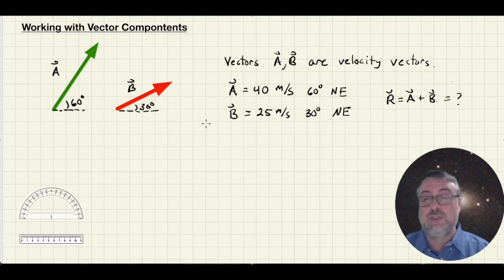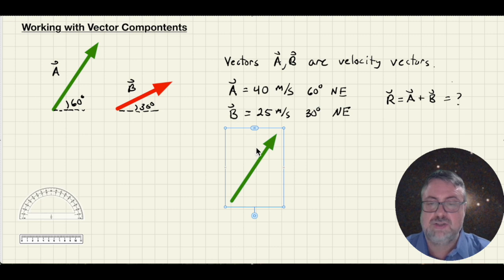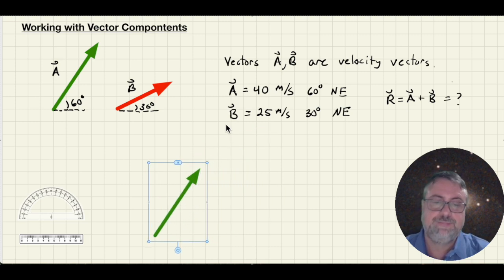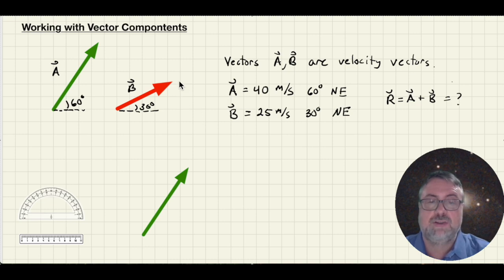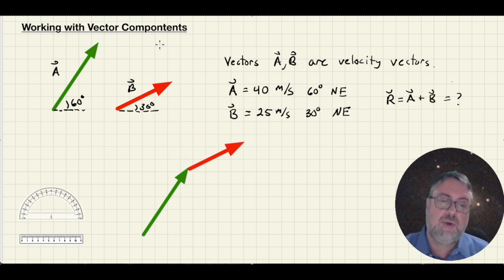All right, to recap what we did last time, if I wanted to add them graphically, I would have to arrange these vectors carefully tip to tail. Now, it didn't matter which way we actually arranged them. That is, I could do vector A first or vector B first, but what was important is that I did not affect their size or direction. And so what I would do is keep my angles constant.